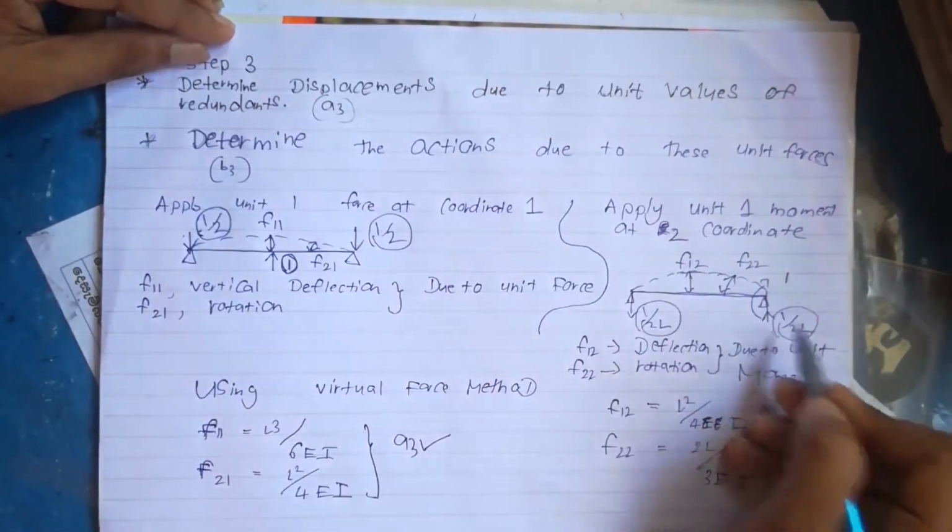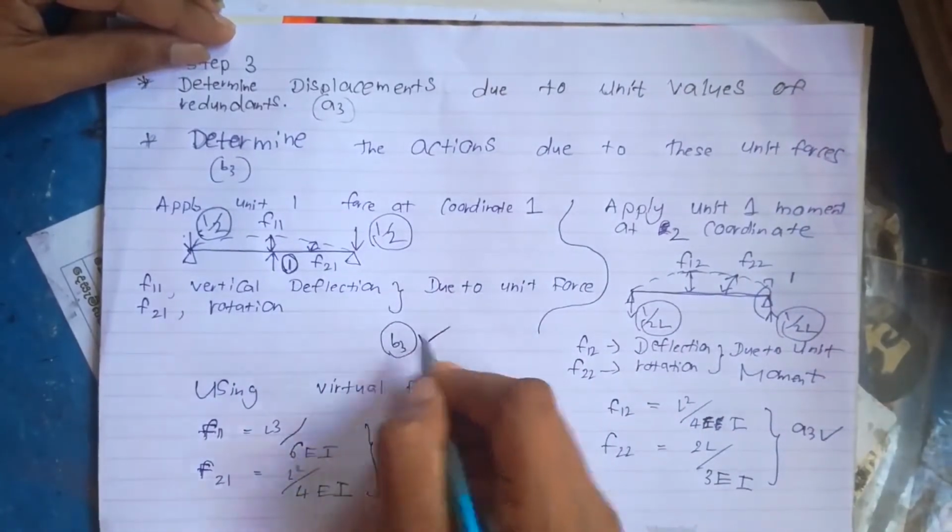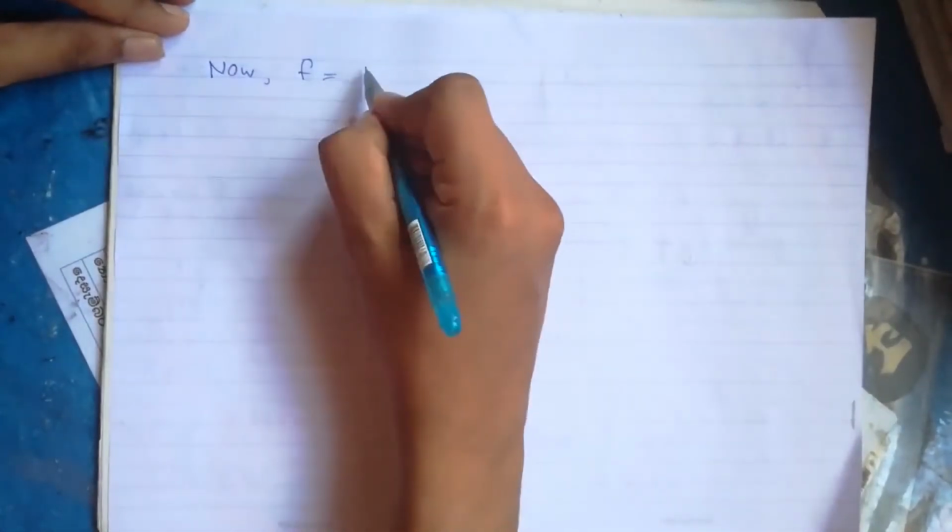And so, B3. Now, I can write those deflections in a matrix.